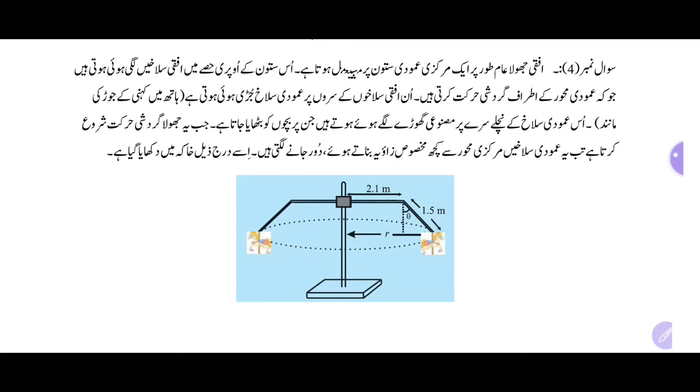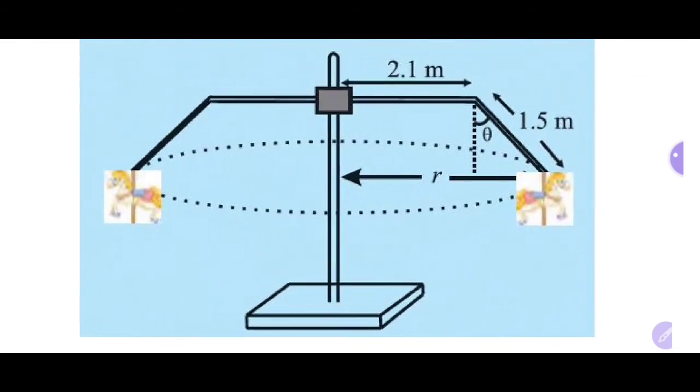At the lower end of each vertical rod, there is a horse on which the rider can sit. As the merry-go-round is set into rotation, these vertical rods move away from the axle by making some angle with the vertical. Now here is the picture of this merry-go-round.